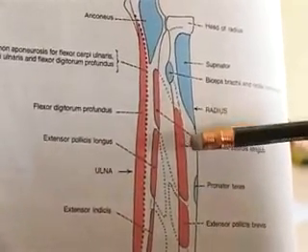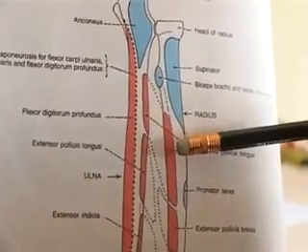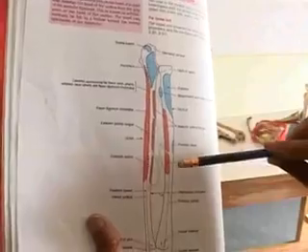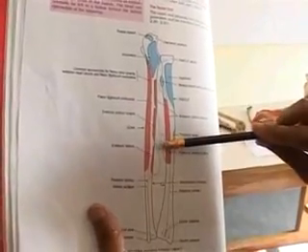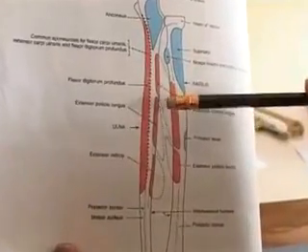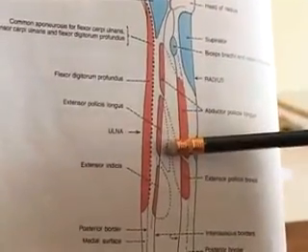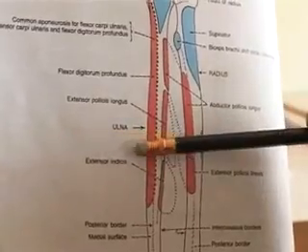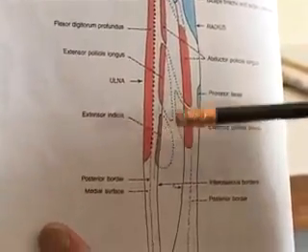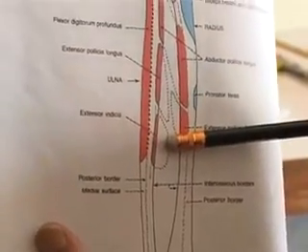Abductor pollicis longus arises from both the radius and the ulna. Extensor pollicis brevis only from the radius and interosseous membrane, whereas extensor pollicis longus from only the ulna and the interosseous membrane, and extensor indicis also only from the posterior surface of ulna and the interosseous membrane.